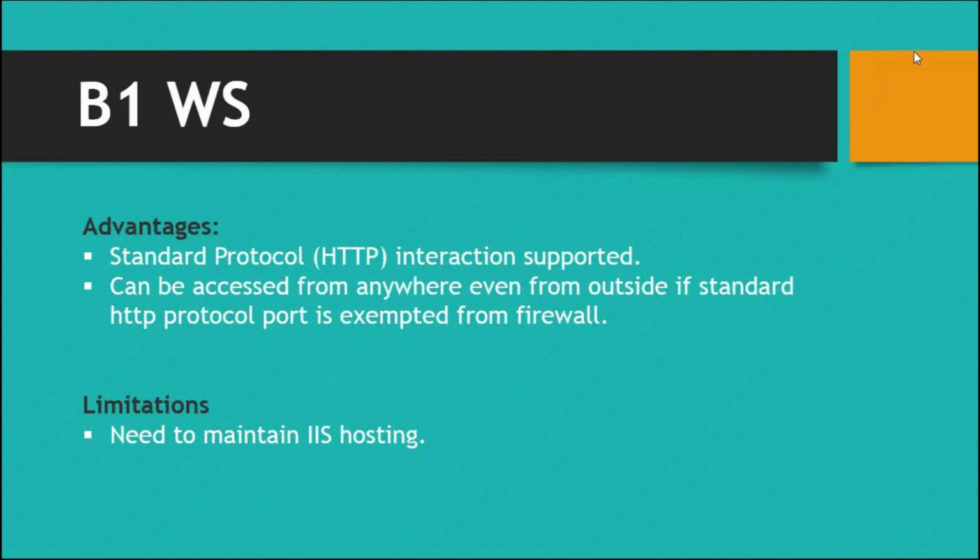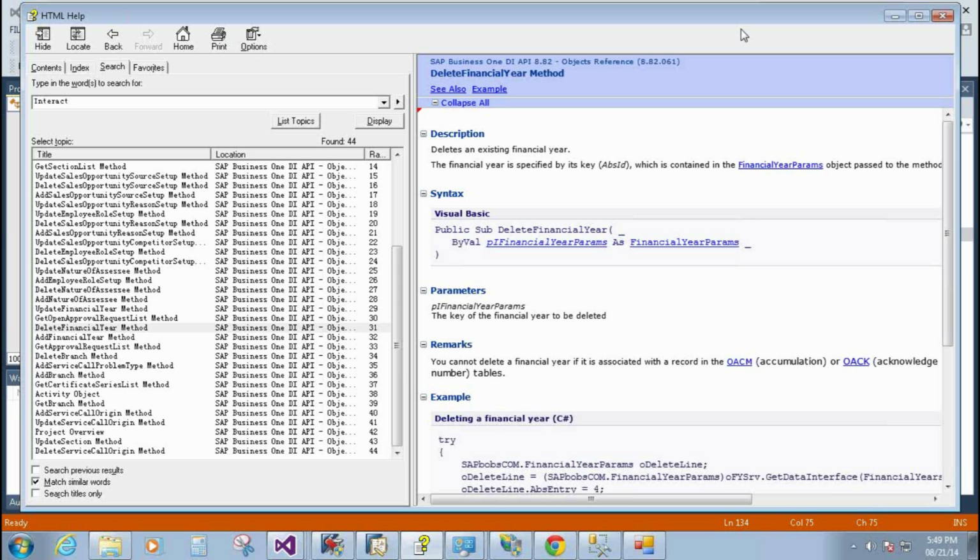You can have your third-party application anywhere outside the box where SAP is installed, and you can connect to it through the WSDL standards. The only limitation is what we already have with DI server, which is the licensing, and you need to maintain the IIS hosting on the same box.